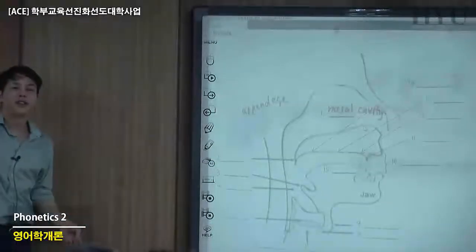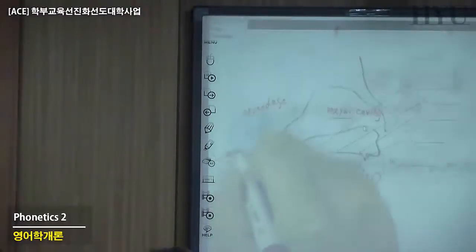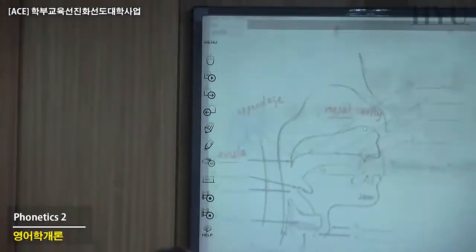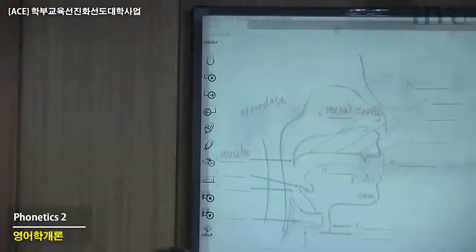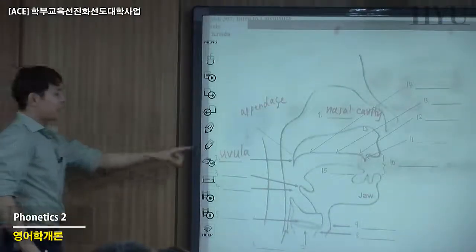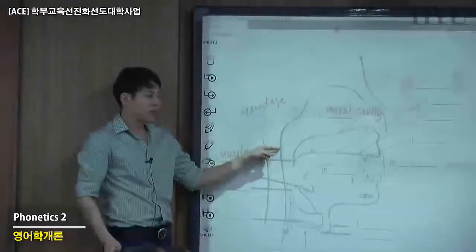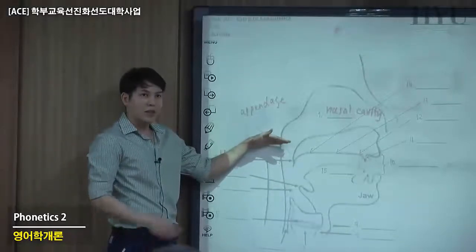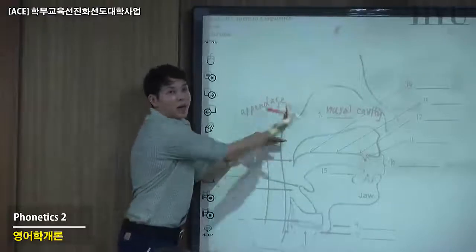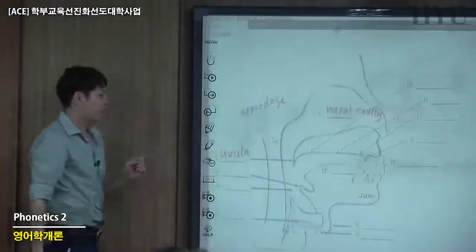Start with a U. Uvula, right? It can be raised against the back of the throat so that when it's raised, it blocks the air from coming up to the nasal cavity, right?